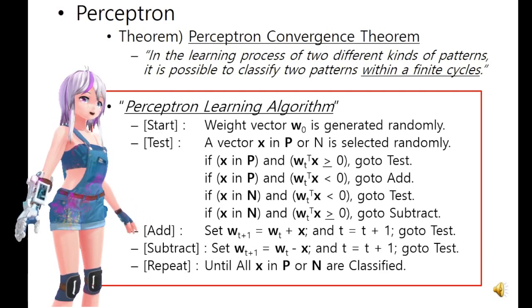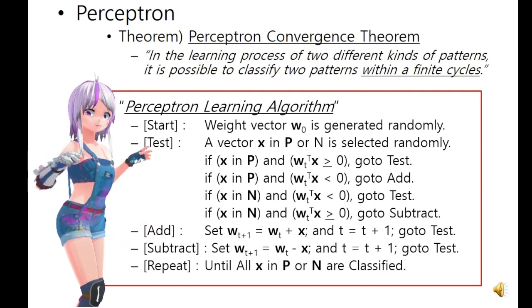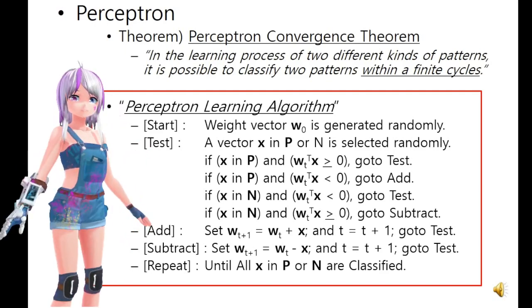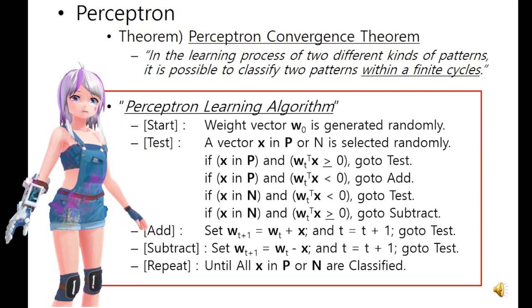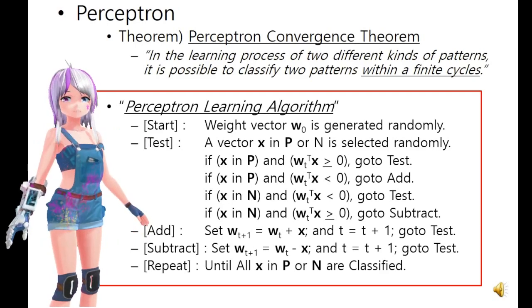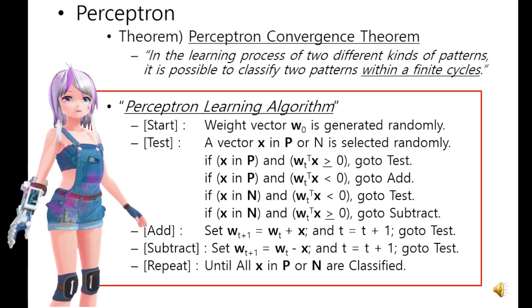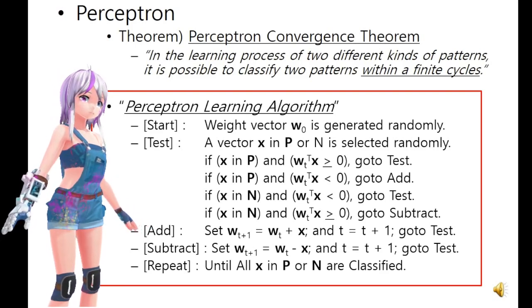So you pick up another training vector x in P or N. Looking at the second case, if x is in P, the output should be 1, the label is 1, and for this training vector x the inner product Wt transpose x is negative. Then it does not satisfy the output condition, so we go to add.